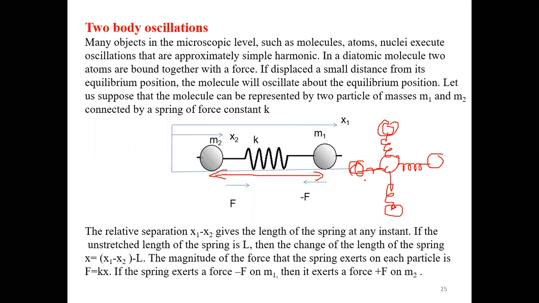Okay. So before studying these complicated oscillations, we are studying two-body oscillations. Suppose particle 1 having mass m1, particle 2 having mass m2 are connected with a spring of spring constant k.